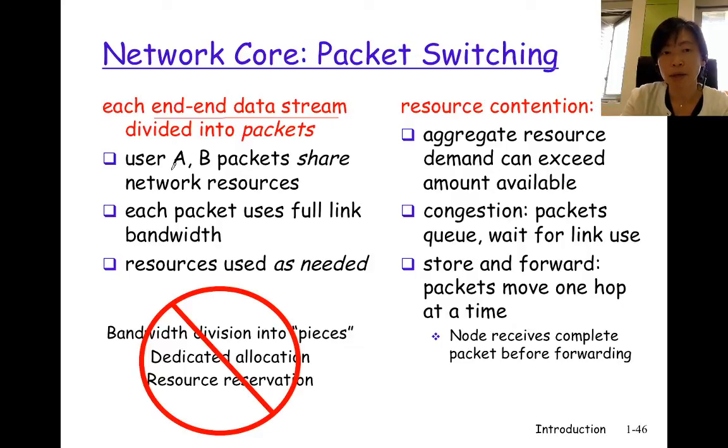User A and B will send packets sharing the network resources. Each packet, when it's traversing the link, uses the full link bandwidth, unlike earlier. In the example, we needed to divide the full link bandwidth into 24 slots, and the voice could not use the rest of the full bandwidth. But this time, the packet gets transmitted really fast using the full link bandwidth.